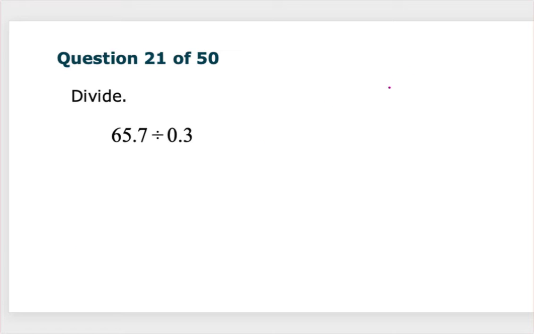Divide. So we're going to divide 65.7 by 0.3. But remember, our divisor should not contain a decimal. So we will clear that decimal and do the same thing to the dividend.